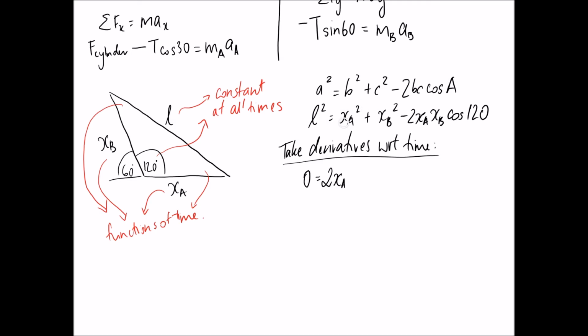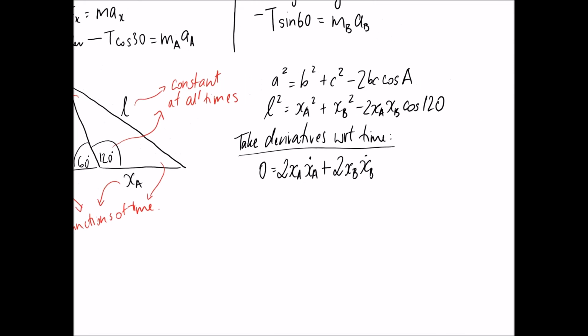And then we multiply by the derivative of the variable itself, which is xa dot. So next one, same kind of deal, 2 comes down the front, xb, take 1 off the power so it becomes to the power of 1, multiplied by its derivative, which is xb dot.